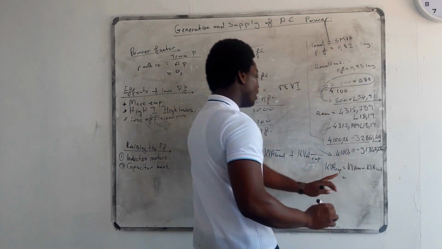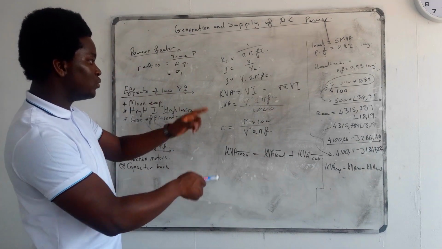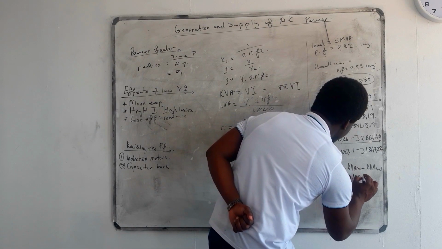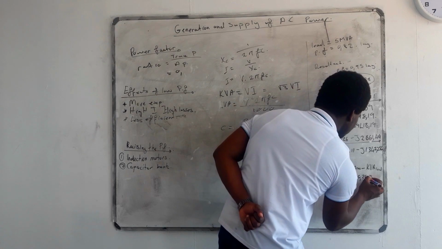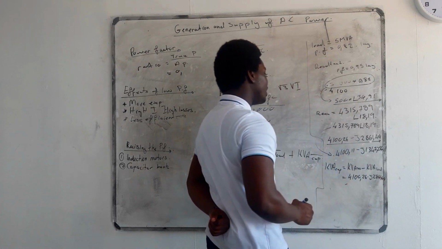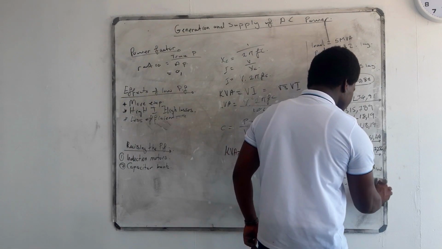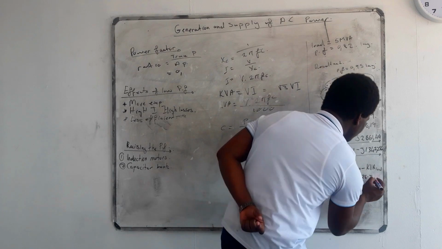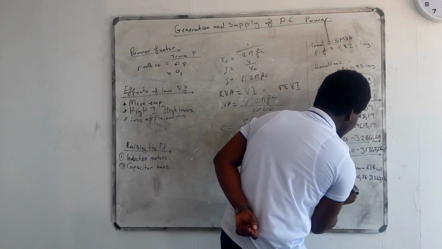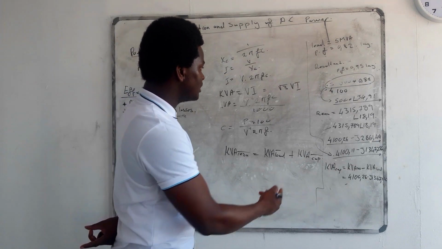So that's going to be our kVA resultant. We got it as 4100.26 minus j2861.44, minus the kVA of the load, which is 4100.11 minus j2861.44, which is this one here.